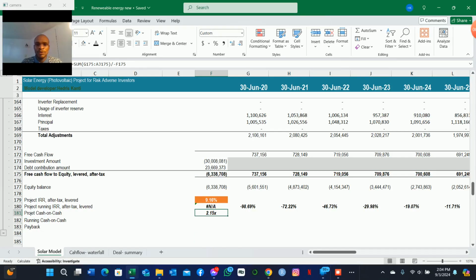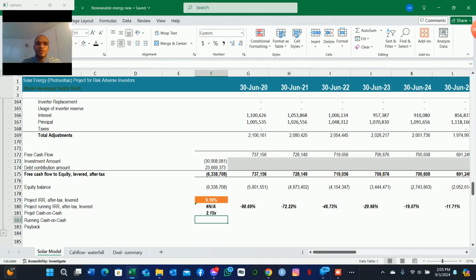As you can see, the cash on cash returns is approximately 2.15 times the initial investment amount by the equity investors. So it's not quite as much as it would be for other projects, but still, by the end of the projected period, the equity investors will be making approximately 2 times their initial investment amount.